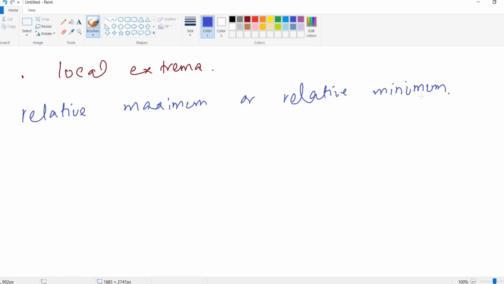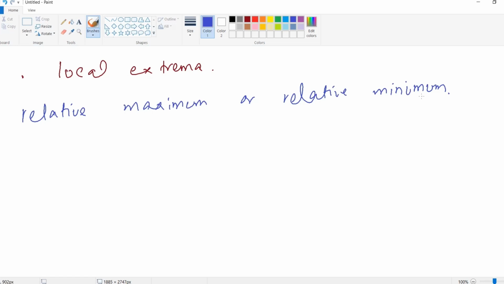The word relative is used because in relation to some neighborhood, these values stand out as being the highest or the lowest. Like in a country, not on a larger scale like the entire space. Local maxima is for a certain space. Did you get it?